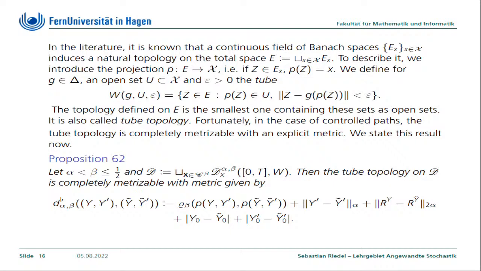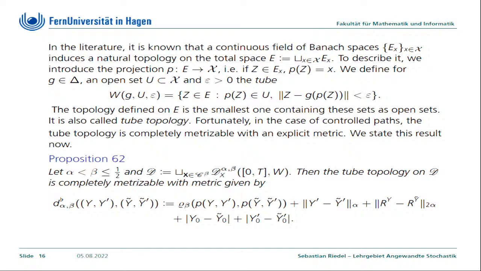The differences here live in different spaces, so it looks a bit weird maybe to you, but remember that these are all just paths defined on the same space. So you can still take the difference. I think we already did that several times, and measure the difference in the alpha Hölder metric.